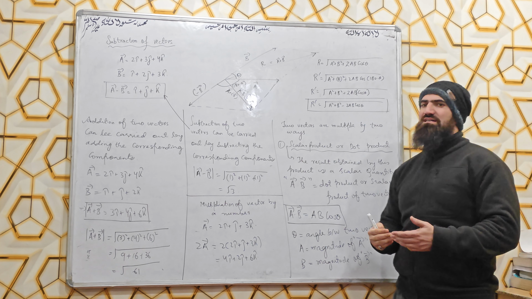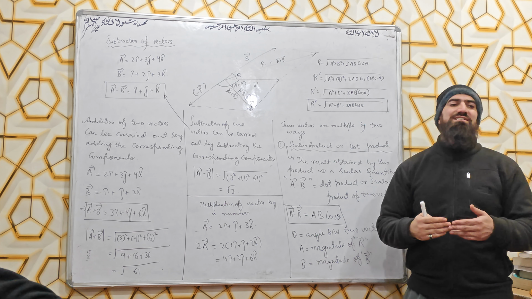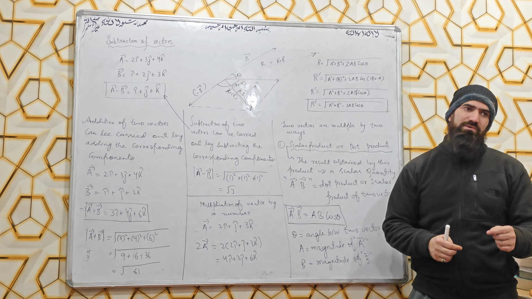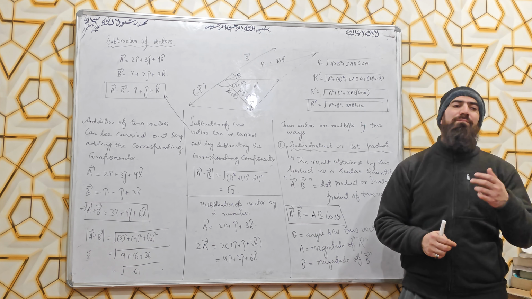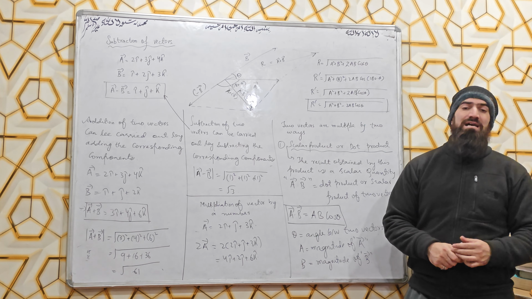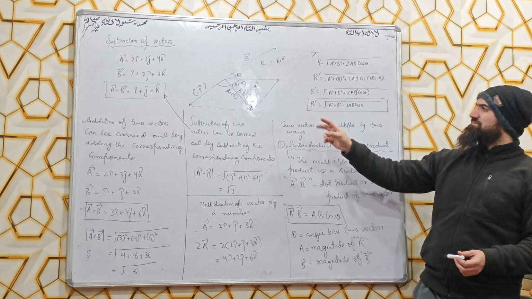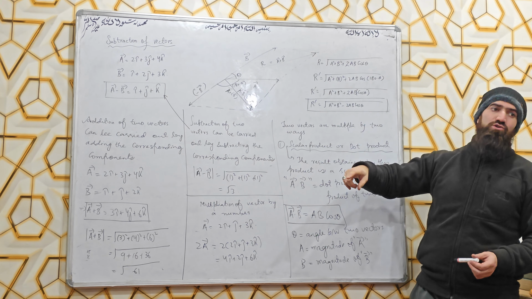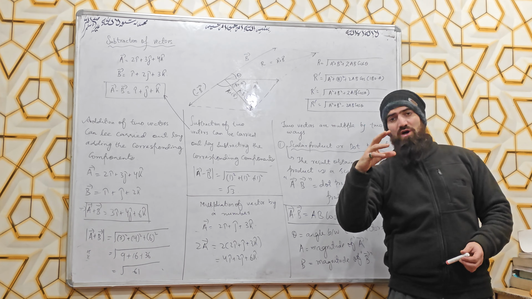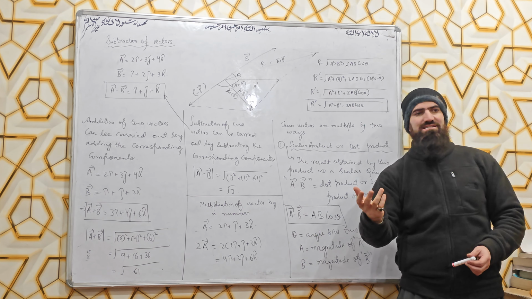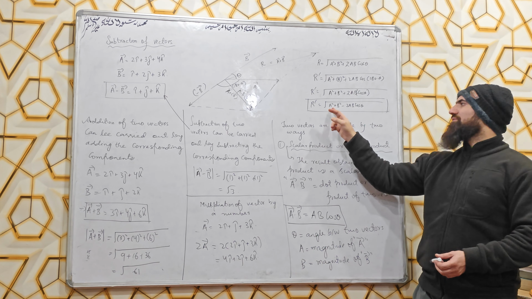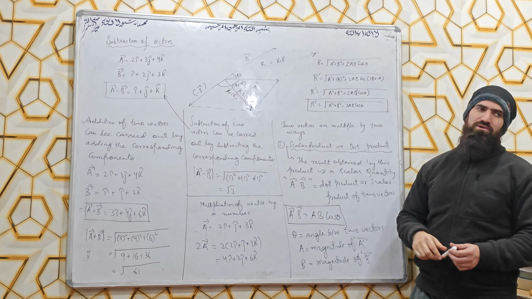Thus, if I have two vectors a and b, and we are supposed to find the magnitude of a minus b, how can we find that? If we know the magnitude of a, we know the magnitude of b, and we also know the angle between a and b, the magnitude of a minus b, that's r dash, will be root of a square plus b square minus 2ab cos theta.